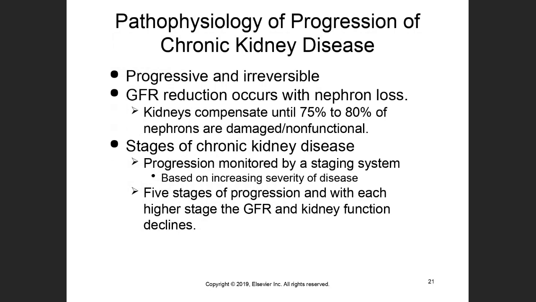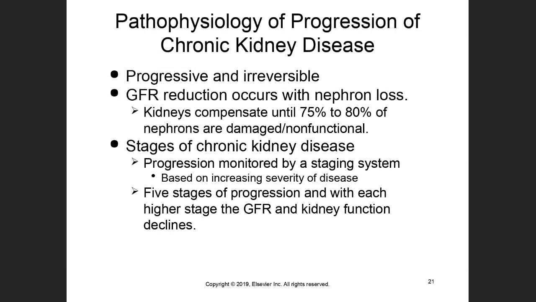Progressive and irreversible. Glomerular filtration reduction occurs with nephron loss. The kidney compensates until 75 to 80% of nephrons are functionally damaged. Okay, there is a theory. I don't know the real name, I think it's the intact nephron theory. That's why you could survive with only one kidney.